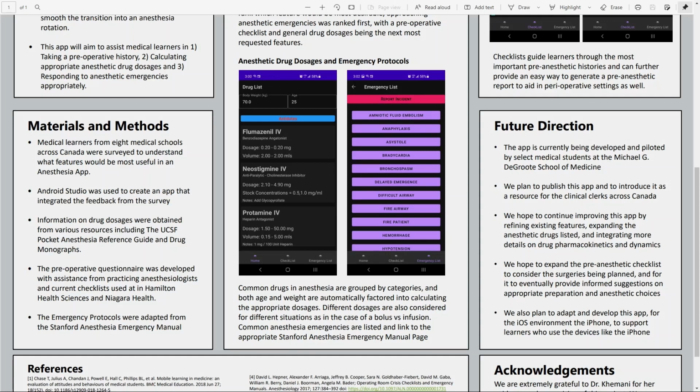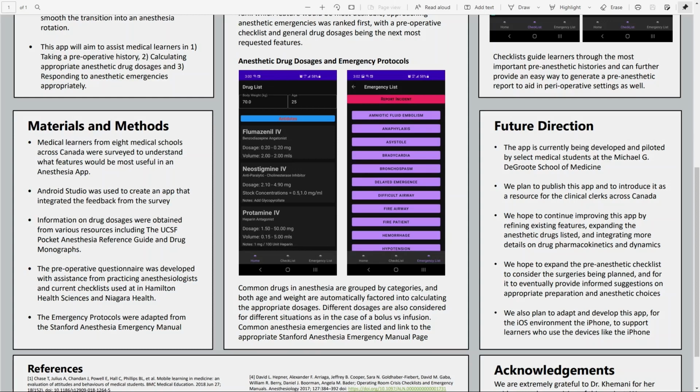For example, propofol induction versus continuous sedation with propofol will both have a listing for the recommended dosage guidelines. We plan to continue improving this feature using more pharmacological information on the drugs, as well as expanding the drug roster for even more drugs covered in anesthesia.